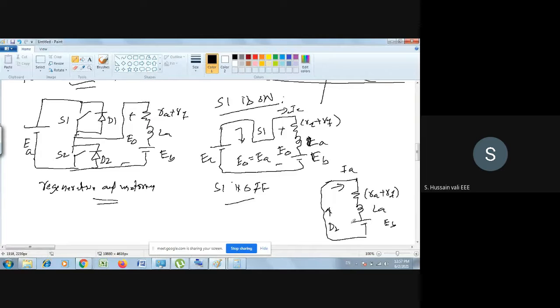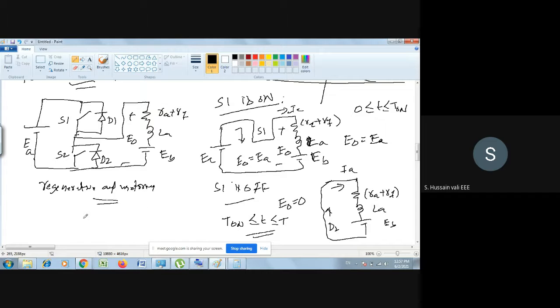So in this case, E naught is equal to 0. This is during 0 less than or equal to t less than or equal to T on, whereas the other is T on less than or equal to t less than or equal to T. Here E naught is equal to E. Then what is the average value? We have seen this thing.